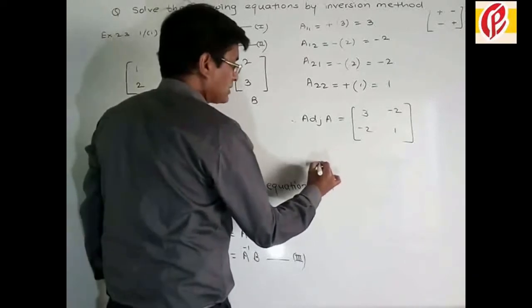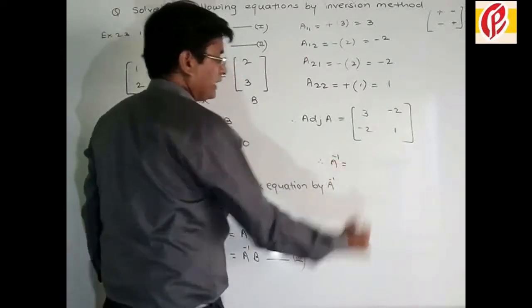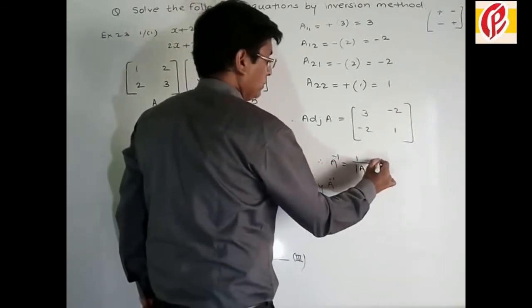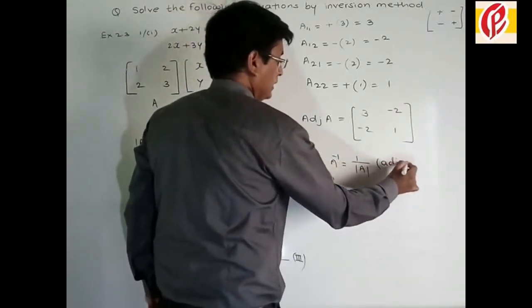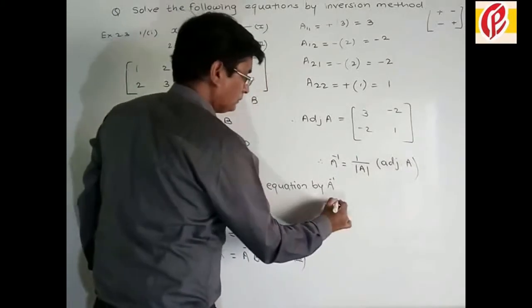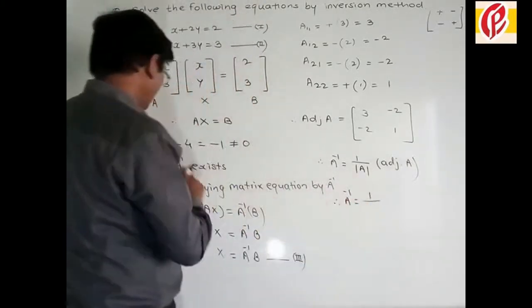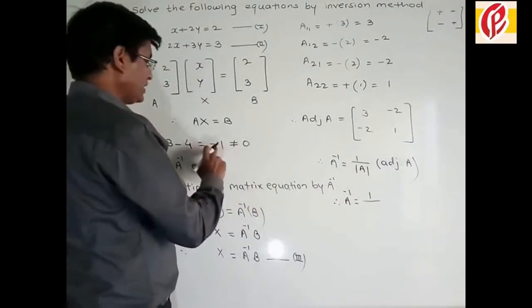Now we'll find A inverse. What is the formula of A inverse? 1 upon determinant of A into adjoint of A. Therefore A inverse is equal to 1 upon determinant of A. What is the value of determinant of A? It is minus 1.